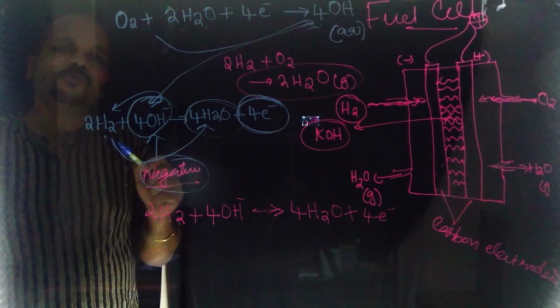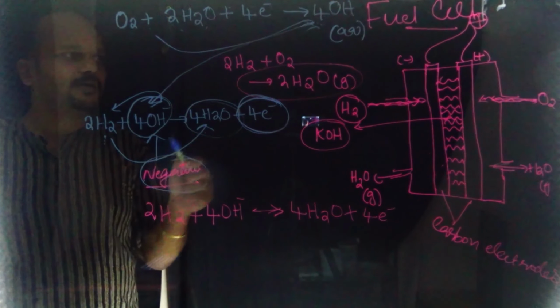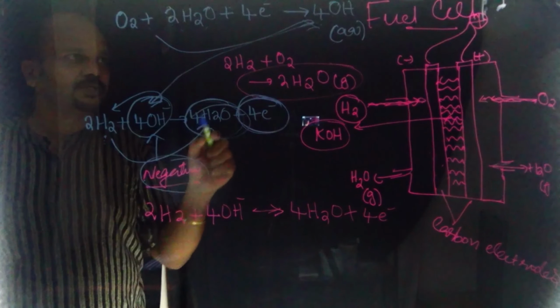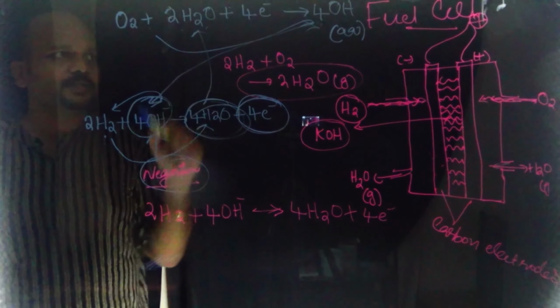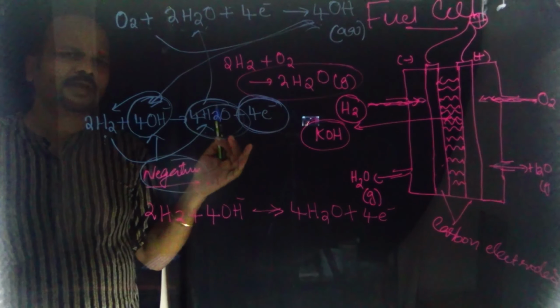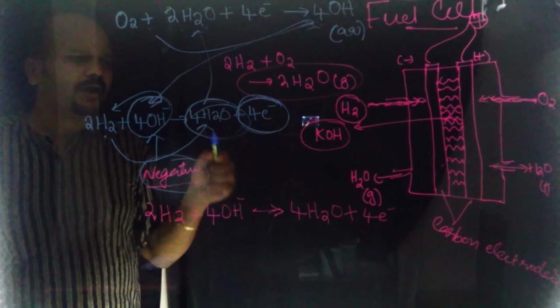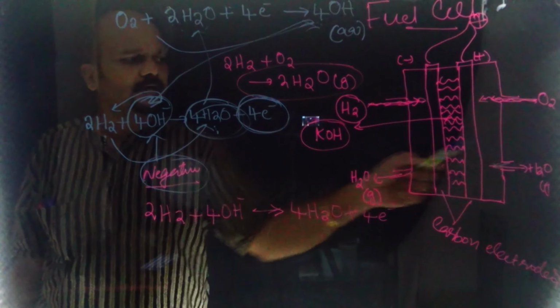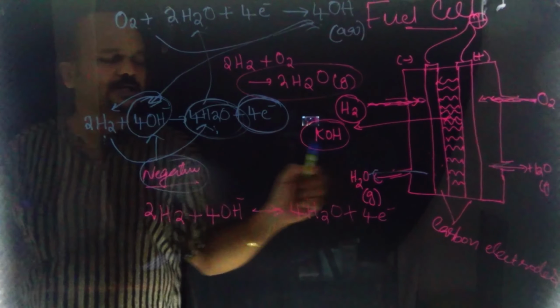So you can understand here, like in the anode, the water is being produced. The same water is consumed in the cathode, and ultimately the end product is water. Some amount of water will be released here, some amount of water will be released here.